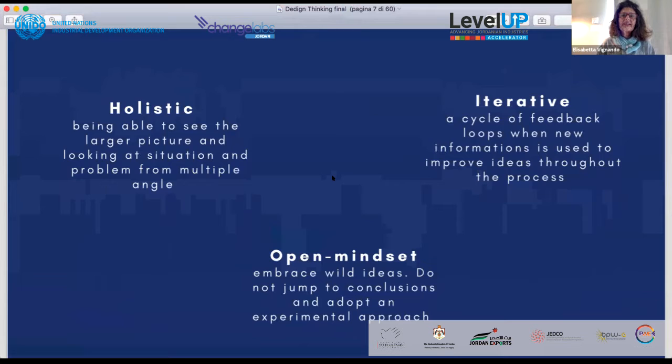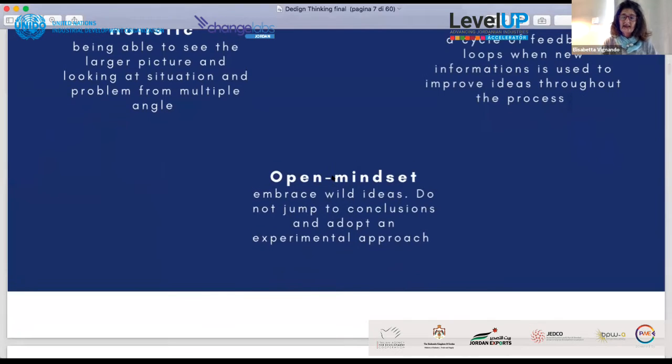We have to be very interactive, interacting with each other to improve our ideas in the process and embrace the ideas of the whole team in order to come up with the best solution. And we have to be open-minded and embrace wild ideas.